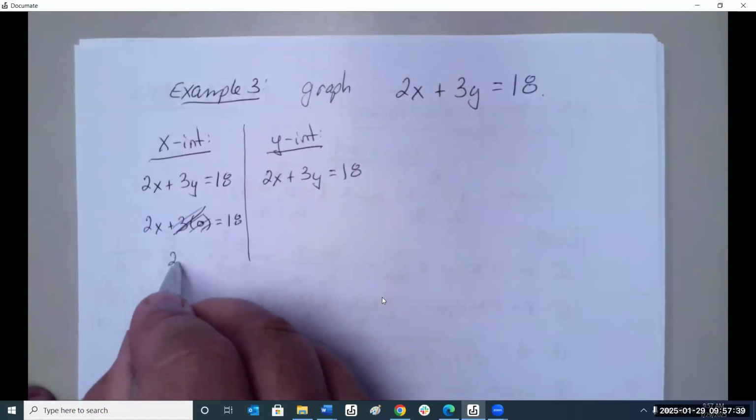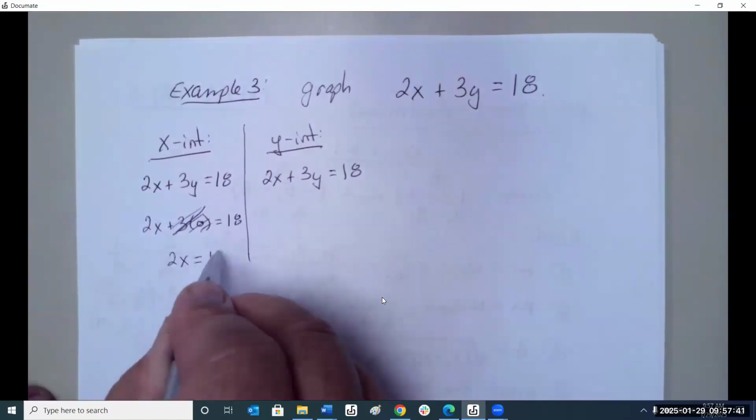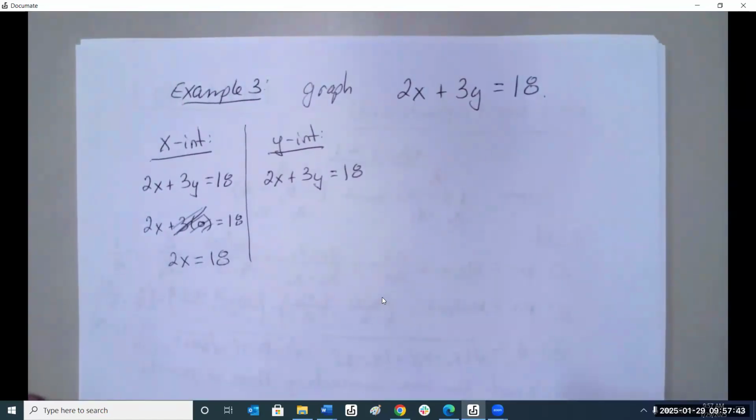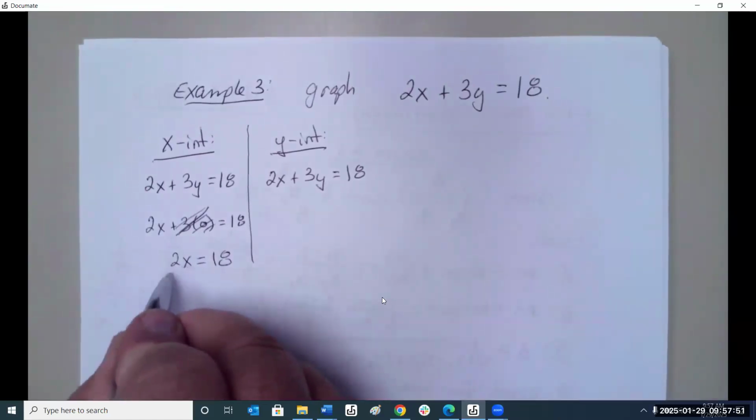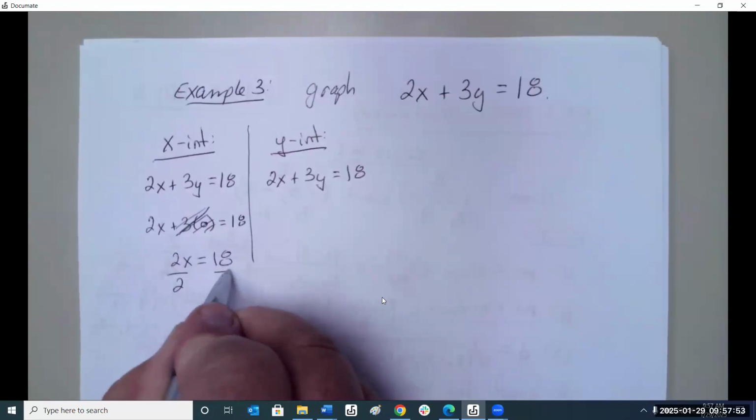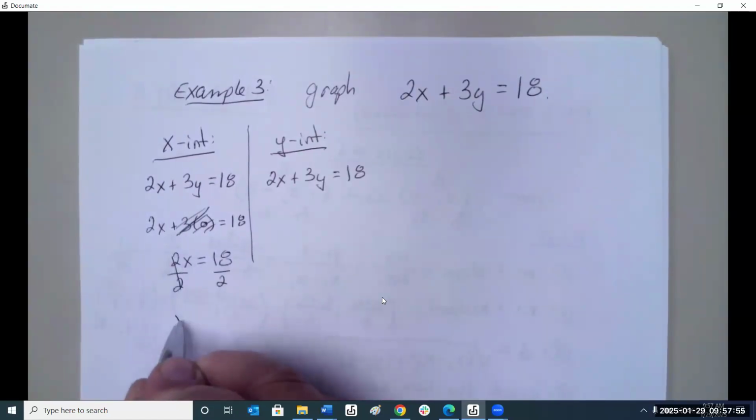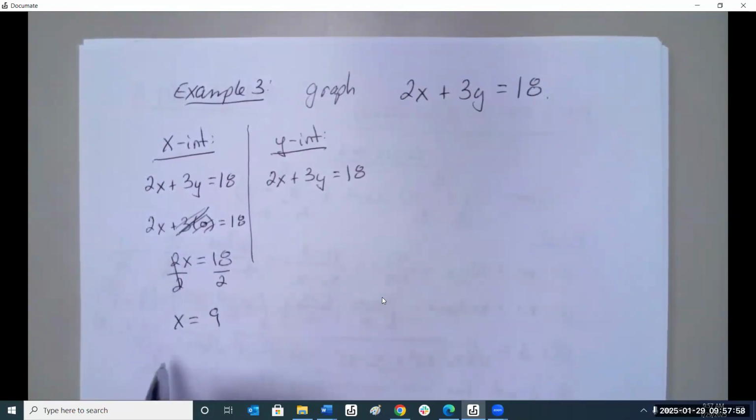So all we have left is 2x equals 18. So what's my x value? We have to get x by itself, so we have to divide both sides by 2. X equals 9. So my x-intercept is at 9, 0.